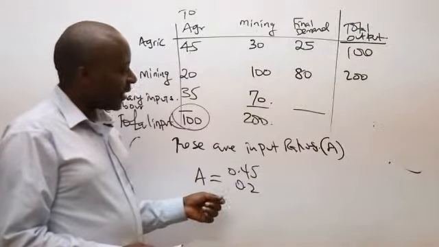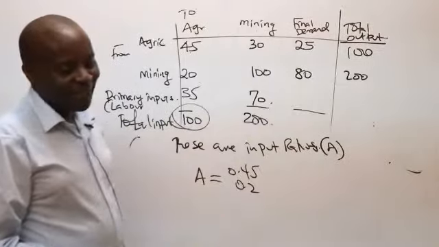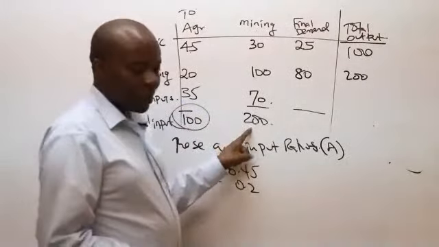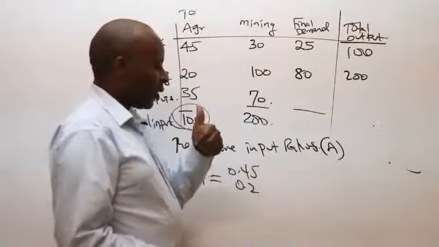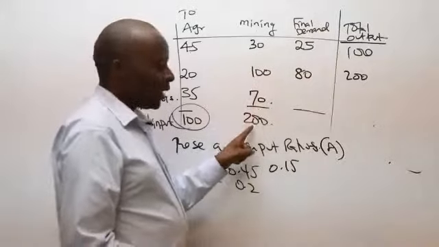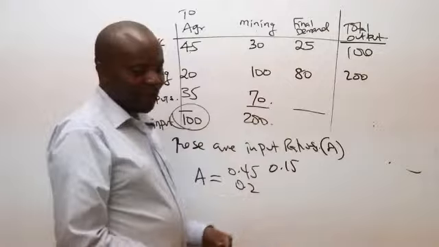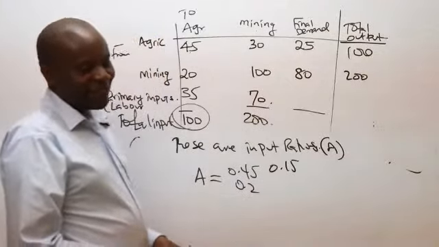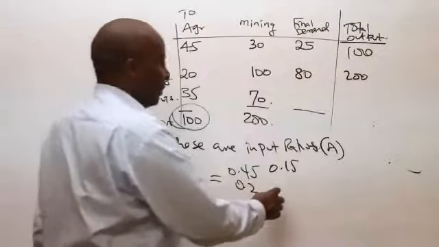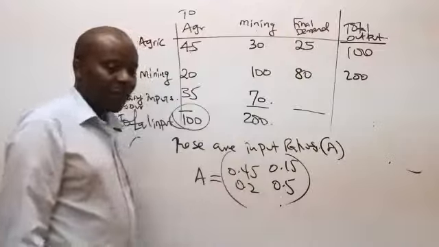It will be 30 over total input, which is 300, so it should be 0.15. And then we have 100 divided by 200. 100 divided by 200 is not 0.1. It becomes 0.5.